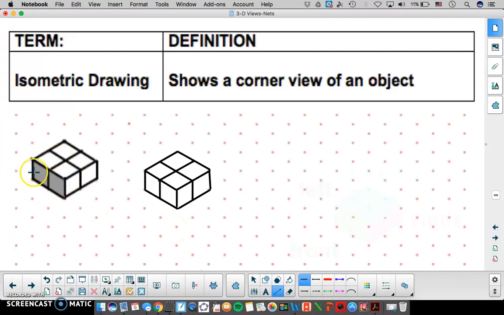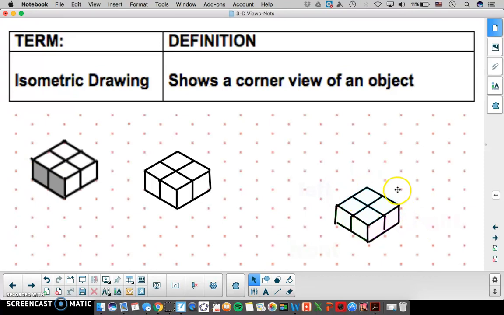Now we notice here that we have part of it that is grayed out. If we look at our figure, we can look at this from different views. This shaded section is actually our front view. So wherever you see that shaded part, that's going to be the front.